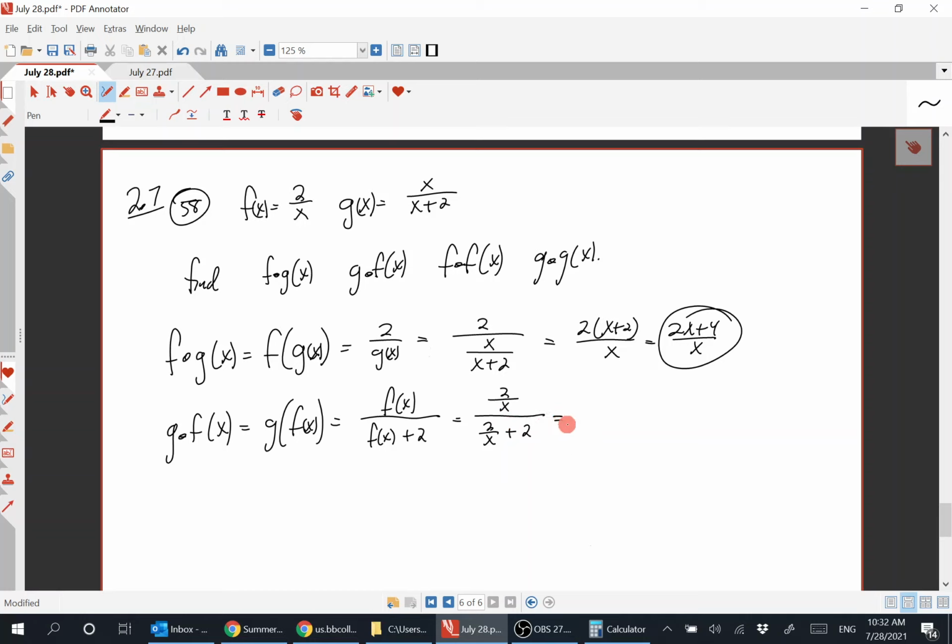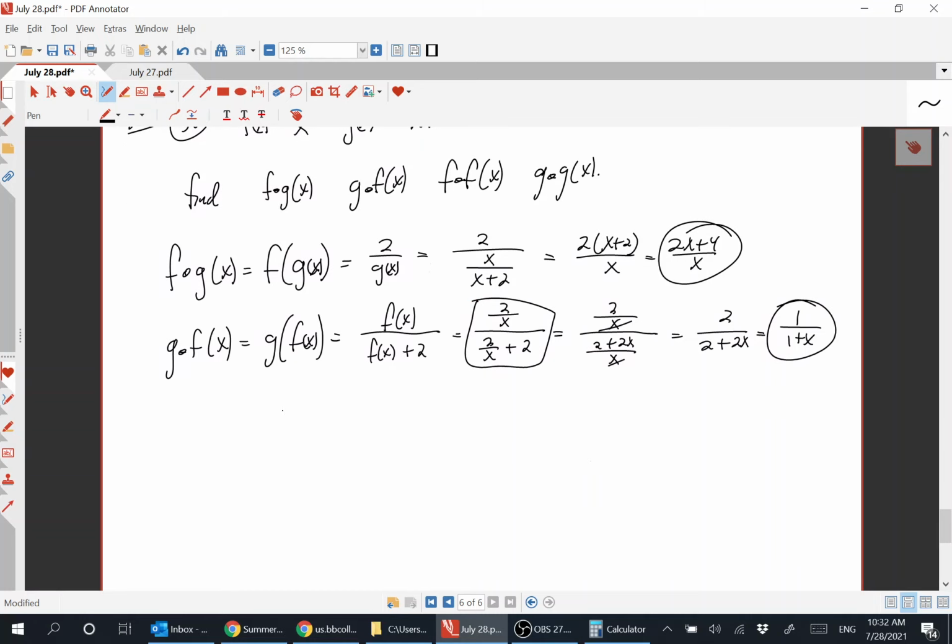But if you want to simplify the expression, you can take it further. So this becomes 2 plus 2x over x, and these cancel, and you get 2 over 2 plus x, 2x. That would be the simplified expression, although this is an acceptable answer as well.